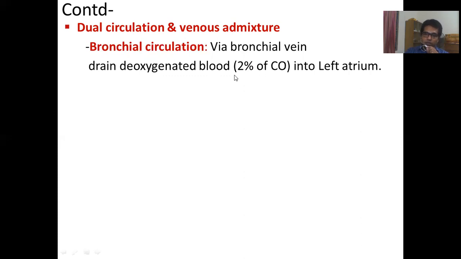So this 2% of deoxygenated blood coming through the bronchial circulation finally mixes up with the oxygenated blood at the left atrium.